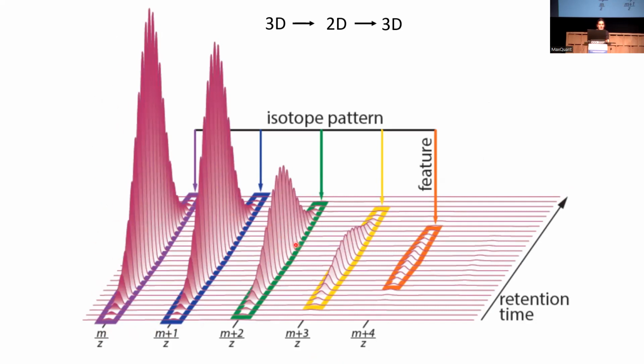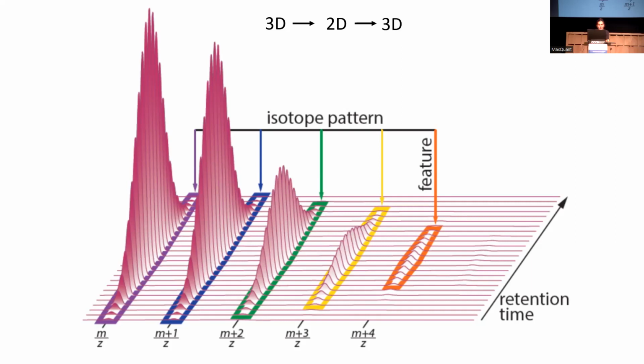So when we say 3D feature detection, I'm talking about finding these rectangles, the color rectangles outside of the isotope peak, 3D peak.